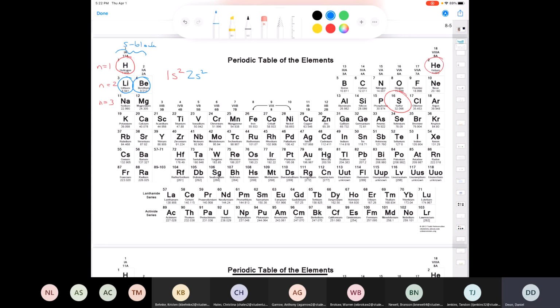Now, if you're like, Mr. Dion, you messed it up from the very beginning because you said that helium is in an s orbital. If you look around the internet, sometimes you'll actually find periodic tables that have helium listed over here, because helium's electrons are both in an s orbital.